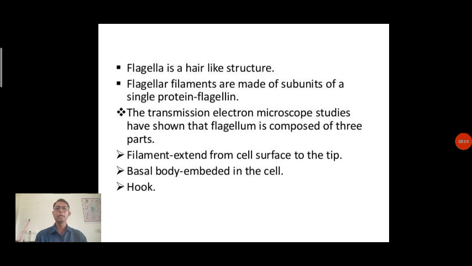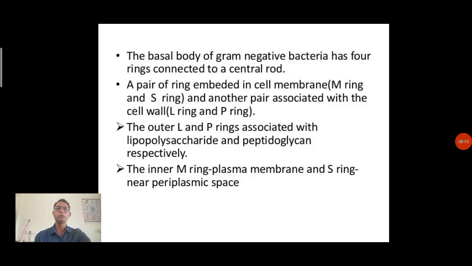To these two parts, that is basal body and the filament, there is one connecting part that is known as the hook. So it is a hook-like structure, and that's why we call it a hook. This hook is having the further attachment as filament, and basal body is also attached to the hook. So hook is the middle part of the flagella.